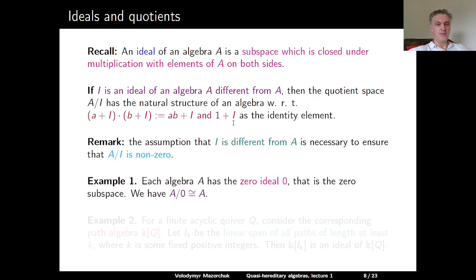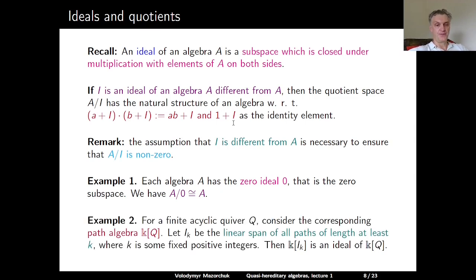Here is an example. Each algebra A has the zero ideal which consists just of the element 0. And if we factor out A by the zero ideal, we will get the algebra A back. Here is another example. Let Q be a finite acyclic quiver. And then we can consider the corresponding path algebra KQ.